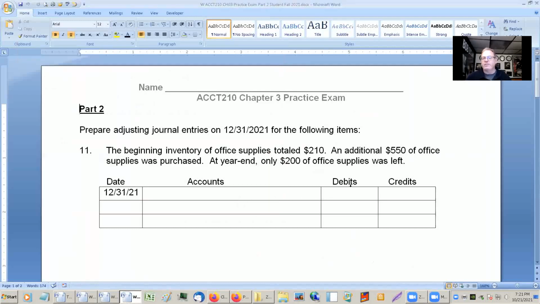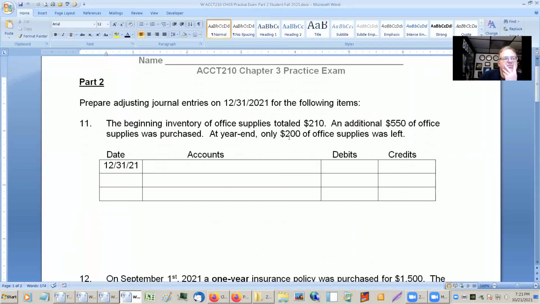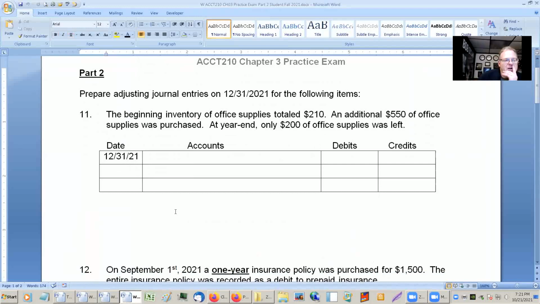Starting out with the most difficult one first, so that if we get tired, we'll get this one out of the way. Okay, so this one kind of is like number 9 and 10 on the handout.